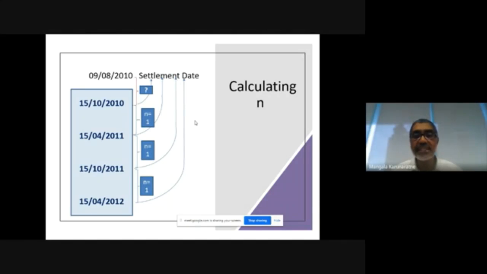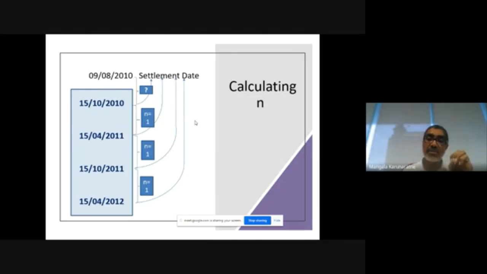If the 183 days period is 1, then the 67 days period is 0.3661. That is how we do this calculation.